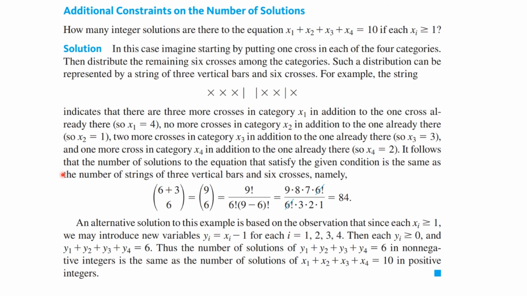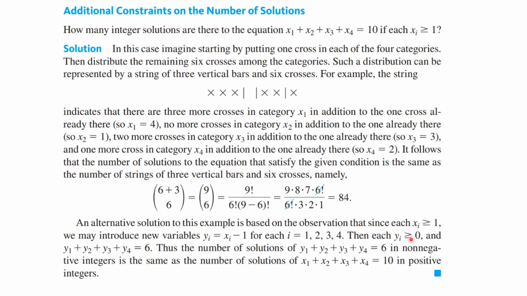It follows that the number of solutions that satisfy the given condition is the same as the number of strings of 3 vertical bars and 6 crosses, namely 9 combinations taken 6 at a time. It's going to be 84.